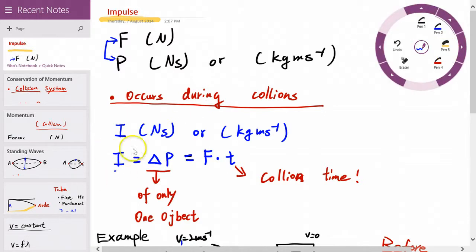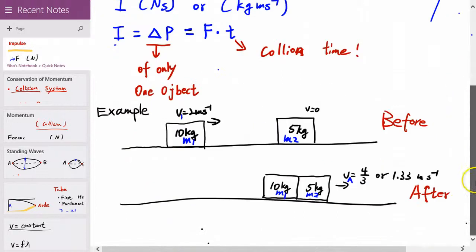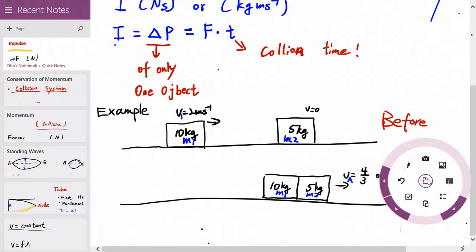And when we use impulse, we concentrate on only one object. Now I'll show you what I mean by this.